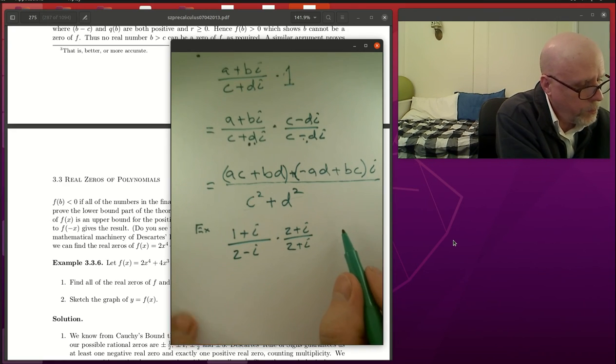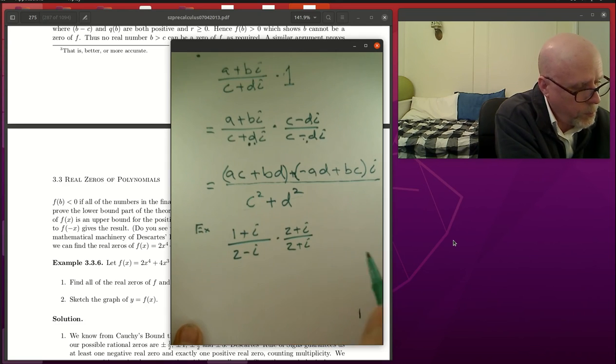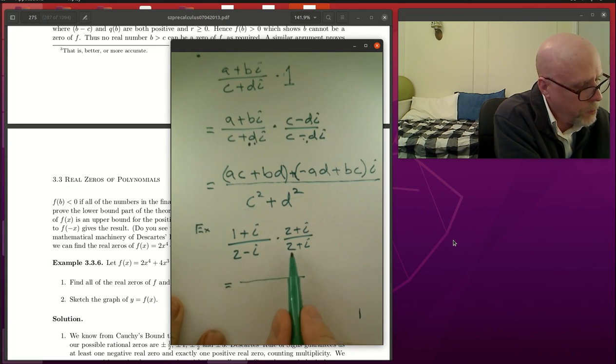All right, so that clever way to multiply by 1 creates something that we can calculate. We'll get, what's in the bottom? 2 times 2 is 4, and then plus 1, or 5.